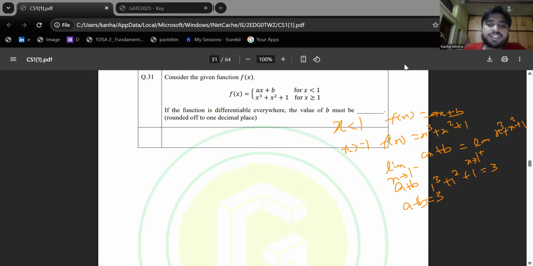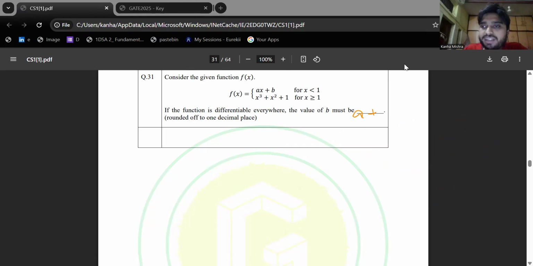That was for continuity. Let's go through the differentiability factor. One thing we figured out is that a plus b is equal to 3. Now for differentiability at x equal to 1: for x less than 1, f(x) is equal to ax plus b, so f dash x, the differentiation, will be equal to a.